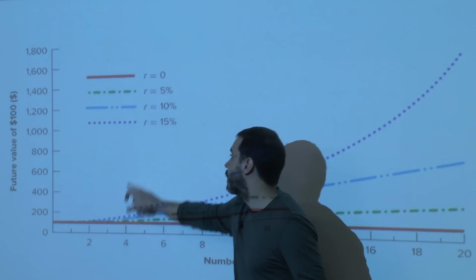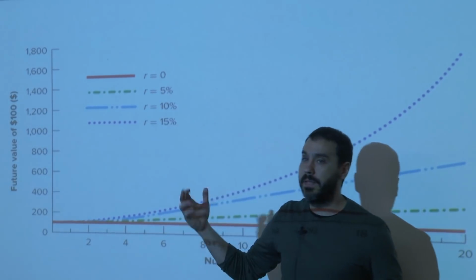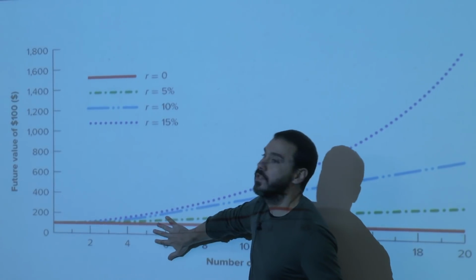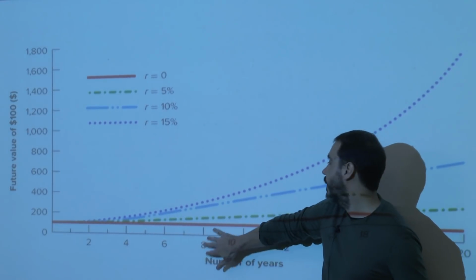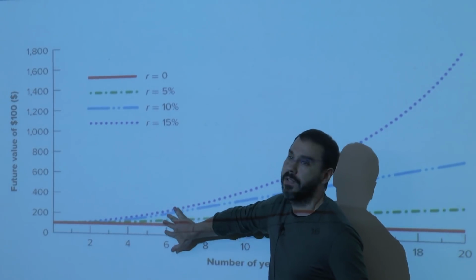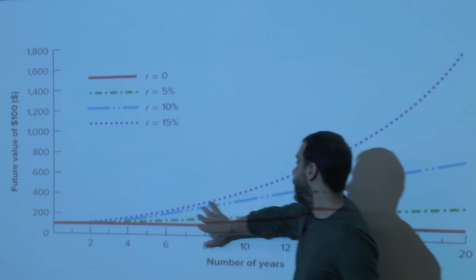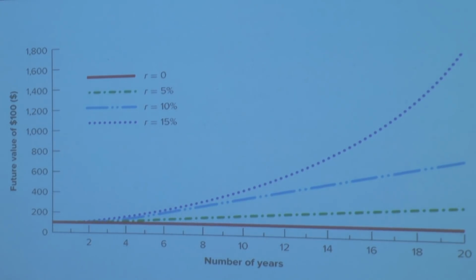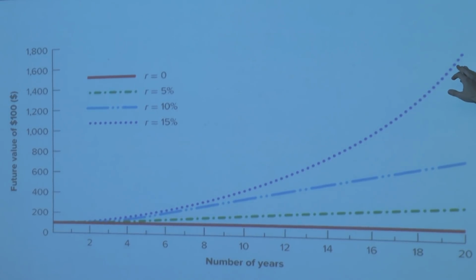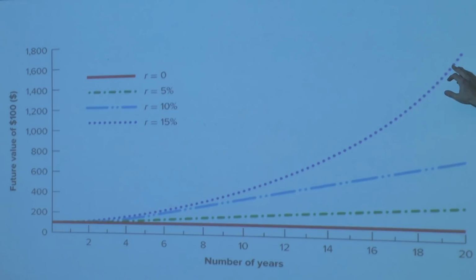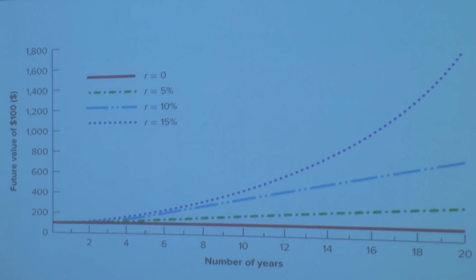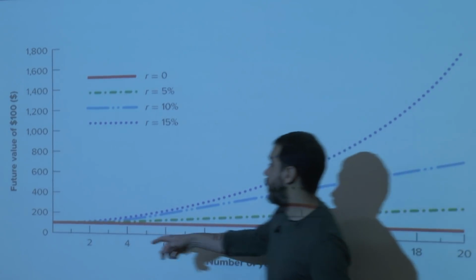Sure, 15% always means more interest than 5%, but as long as your horizon is 4, 6, 8 years, the difference is not huge. But as you increase the number of years your account generates interest, in the end the difference is really great. This is because at some point, the interest on interest component is more significant than your original $100.